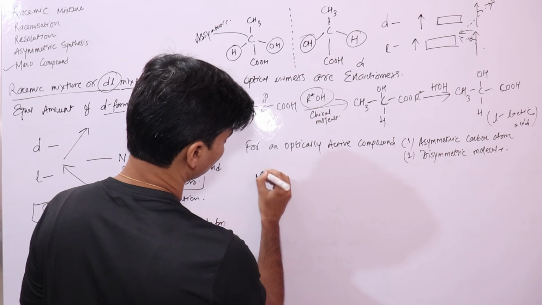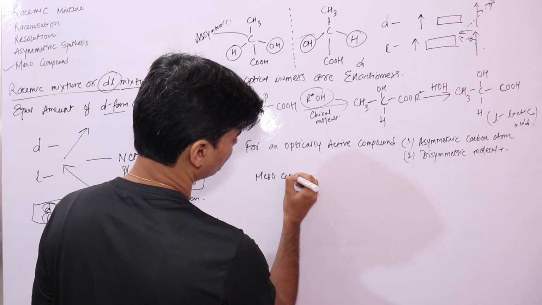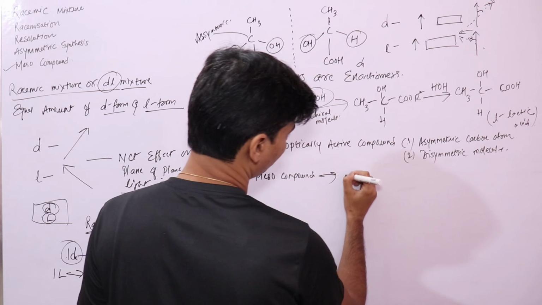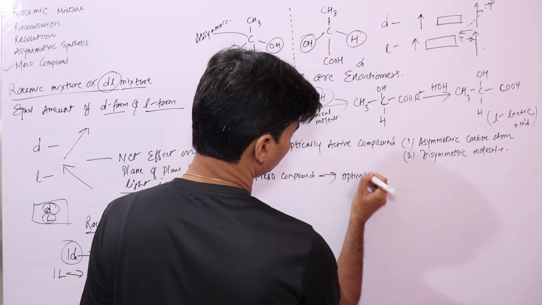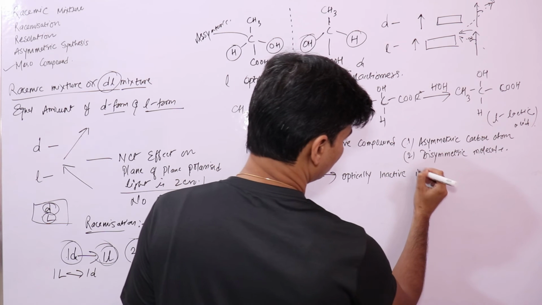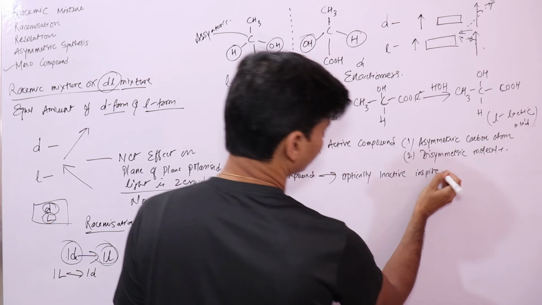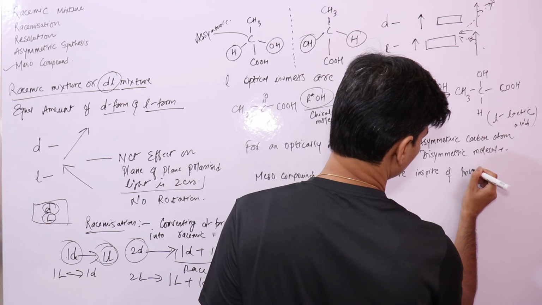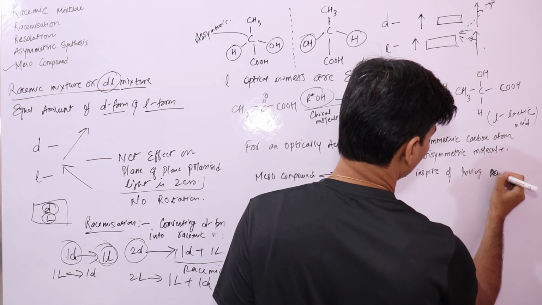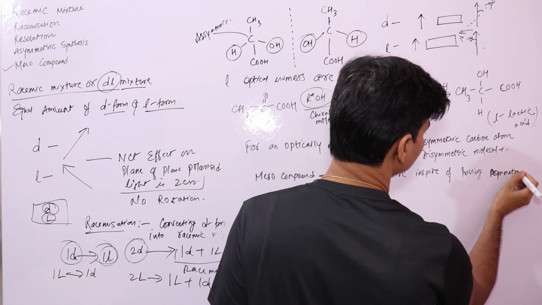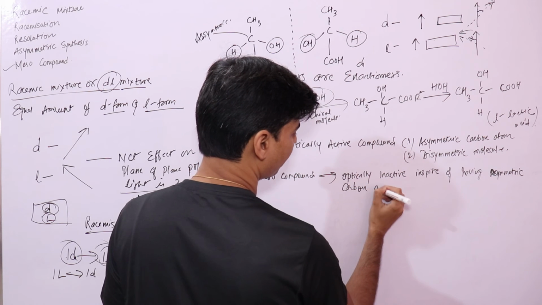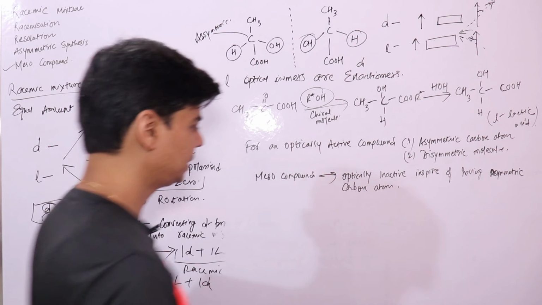So meso compounds are those compounds that are optically inactive in spite of having or possessing an asymmetric carbon atom, right?